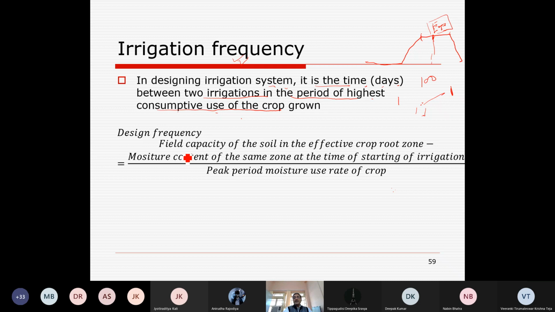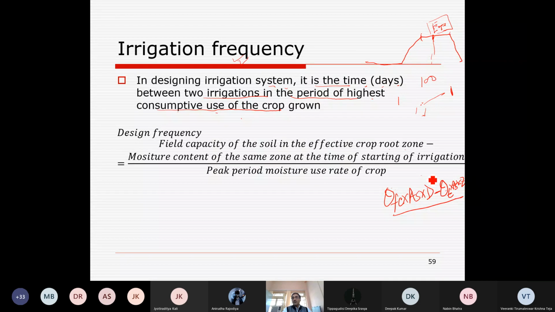So design frequency is simply the field capacity of the soil in the effective crop root zone depth. Field capacity means depth of water As into root zone depth, that is D, minus the moisture content of the same zone at the time of starting irrigation, that is theta at time T into As into Z. So this is the simple idea.